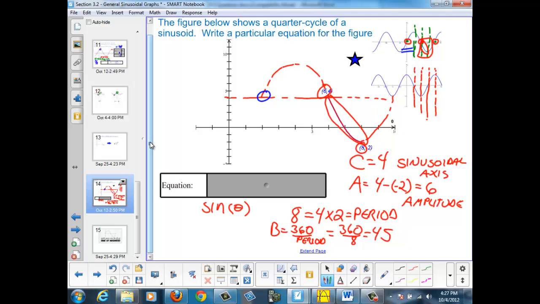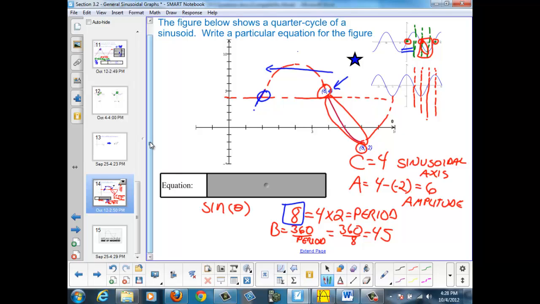Now, to find that, we can look at our overall period, which we determined was 8, and recognize that from the original point of 6, 4, if we travel backwards to this place where the graph rises across the midline, that's half of the overall period.